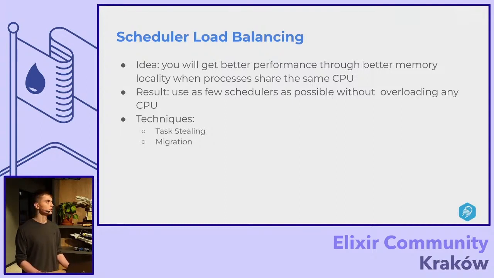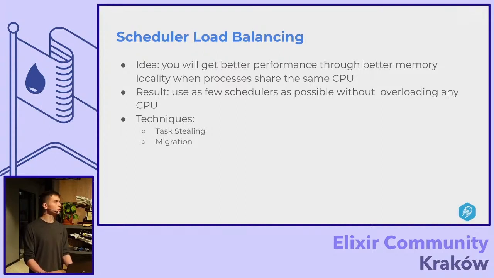The result of this is that we are trying to compress work onto as few schedulers as possible without overloading any CPU. Techniques for achieving this are mostly task stealing and migration. However, we will not discuss them here. You can read more about them in the Erlang runtime system book.